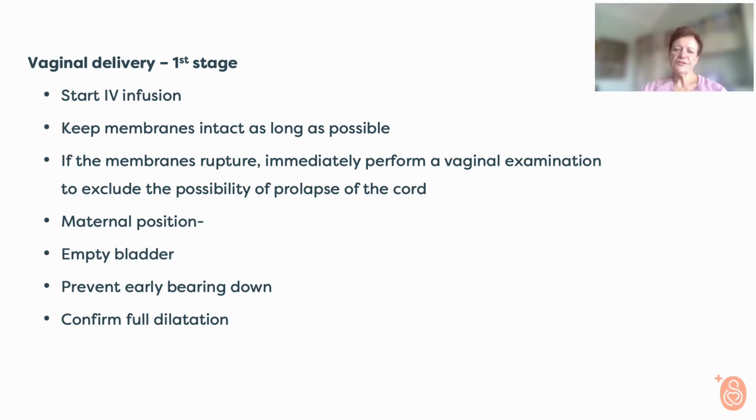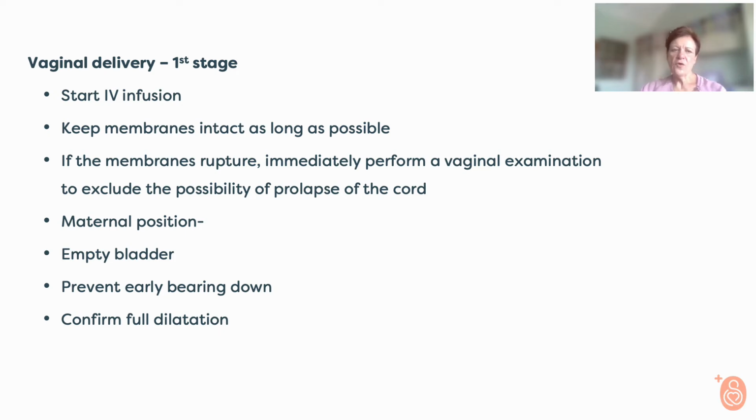Now, we are actually concentrating on the management of the second stage of labor, which is the emergency part of the labor. But in order to make sure that the second stage of labor is going well, there are certain very important aspects of the management of the first stage of labor.